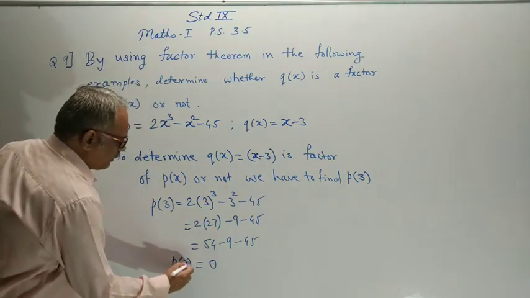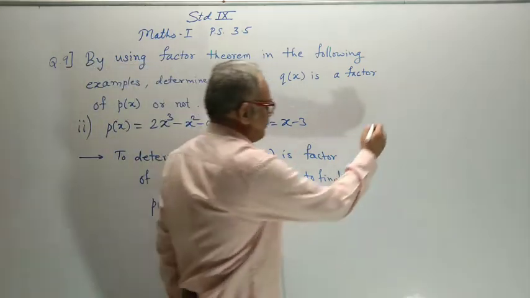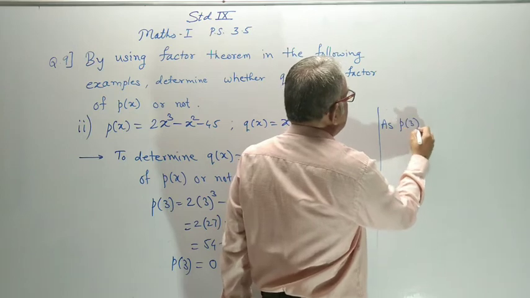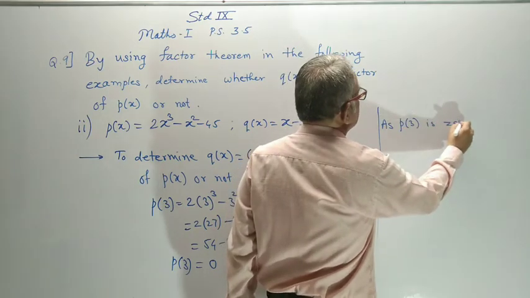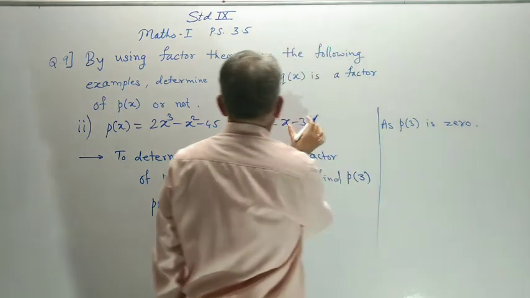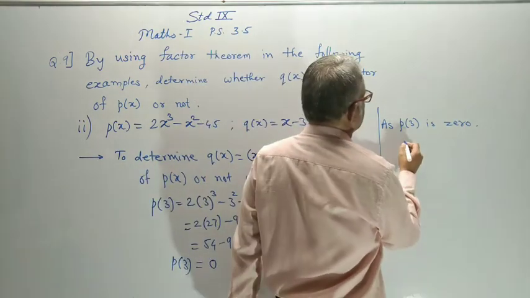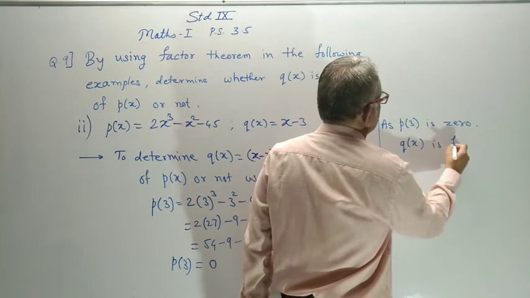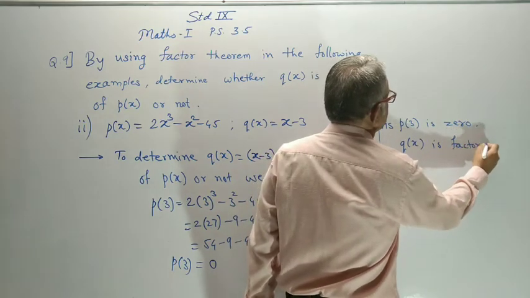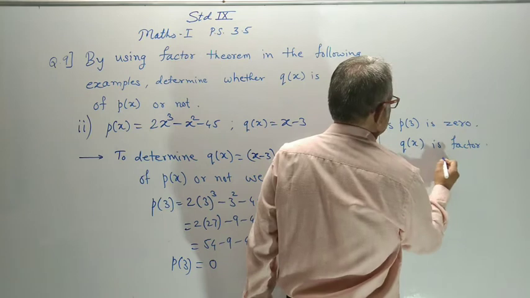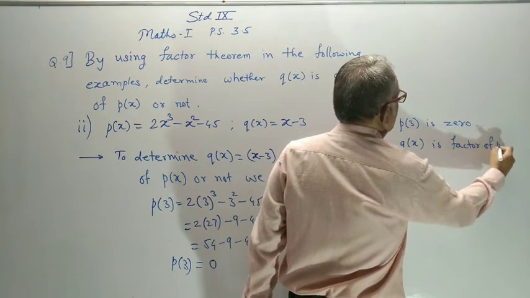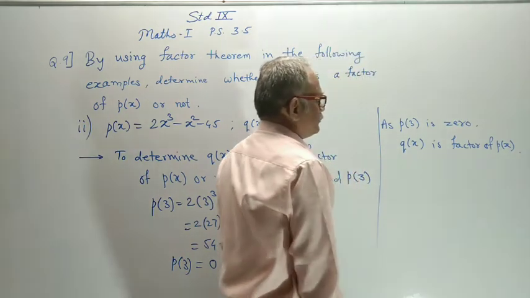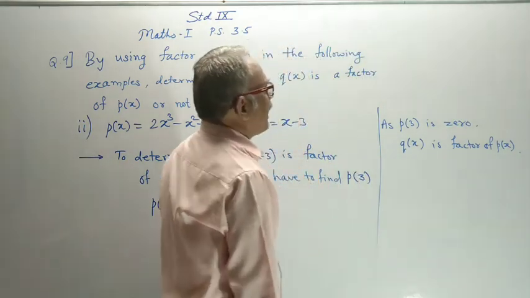As P of 3 is 0, x minus 3, that is Q of x, is a factor of P of x. Of course, by remainder theorem, or we can say factor theorem.